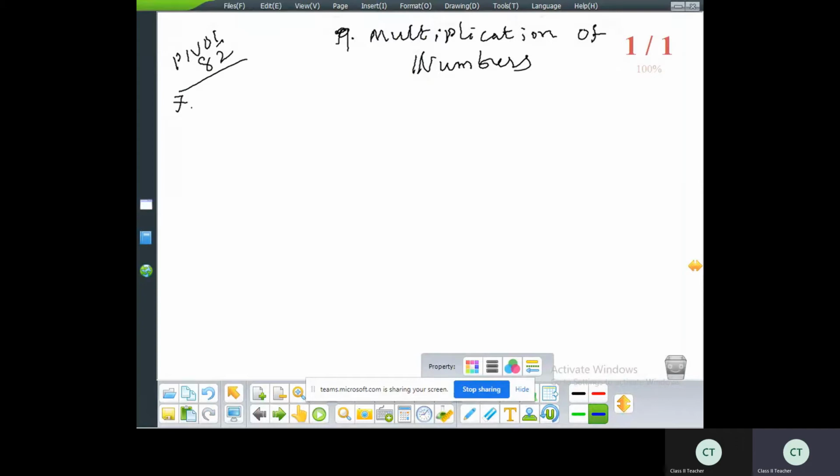One example is given. First example is 4 into 3, 6 into 2, 5 into 4. First one is the example.